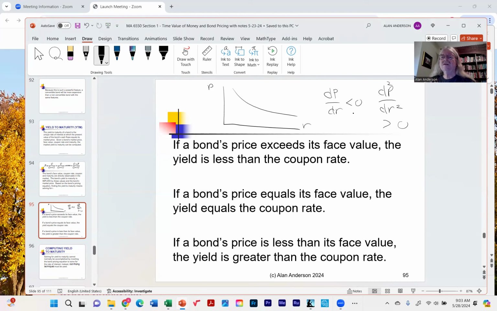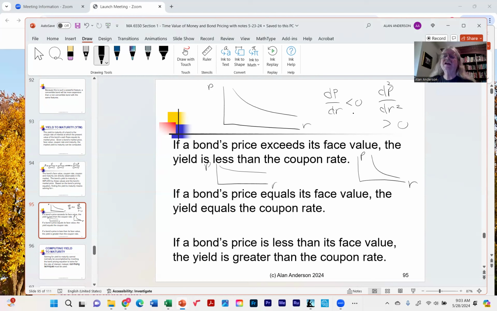But right now, what we're going to do is try to understand how sensitive a bond's price is to changes in interest rates. Given that there's an inverse relationship, it turns out that not every bond is equally sensitive to interest rate changes. For example, you might find that one bond has a very flat price yield curve, and another bond may have a very steep price yield curve.